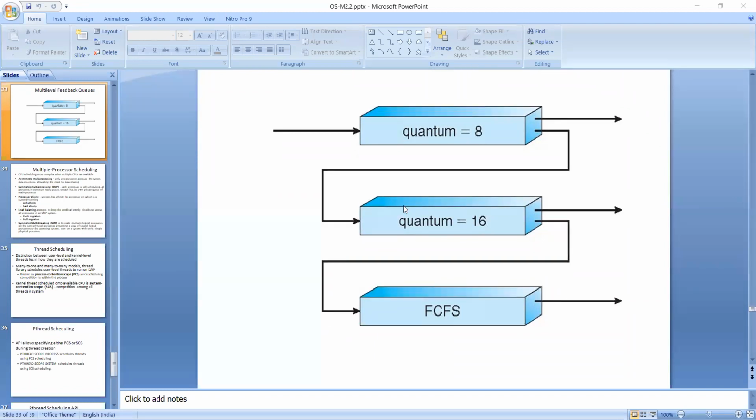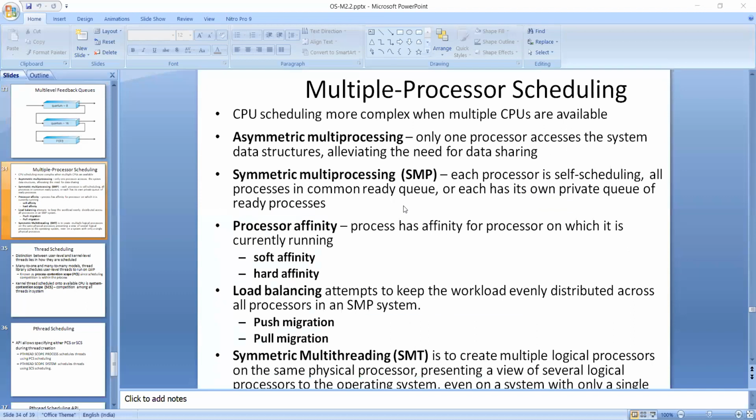These are the different ways we can schedule. Next one is multiple processor scheduling. CPU scheduling is more complex when multiple CPUs are available. Till now we have discussed how to schedule if we have a single CPU and multiple processes.